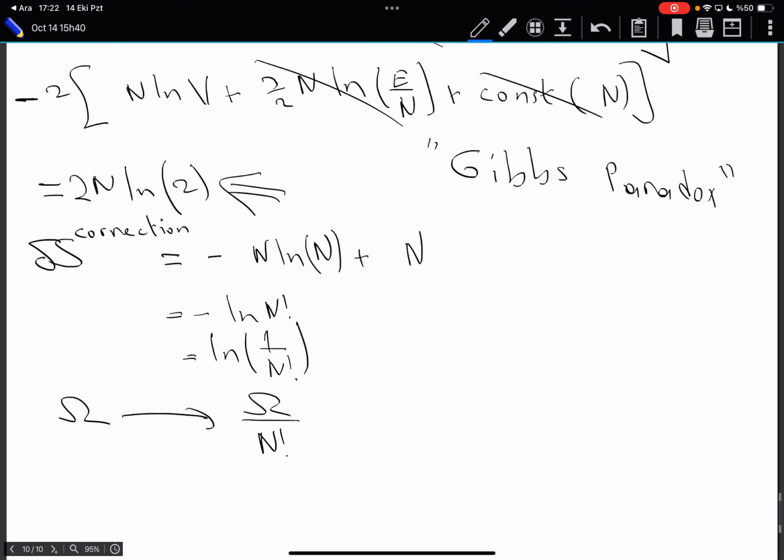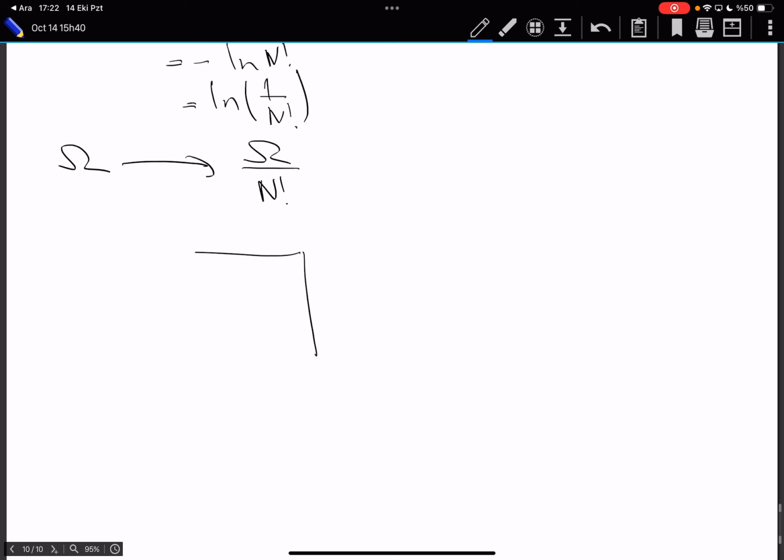But if you have identical particles, this is the problem we have. So you have one gas over here, the other gas over here. Well, let me use a different color.